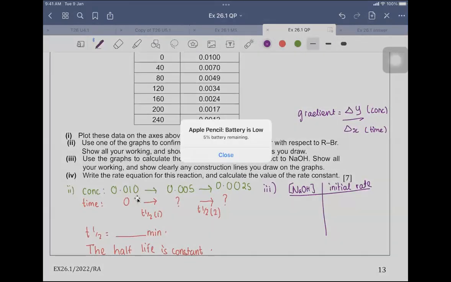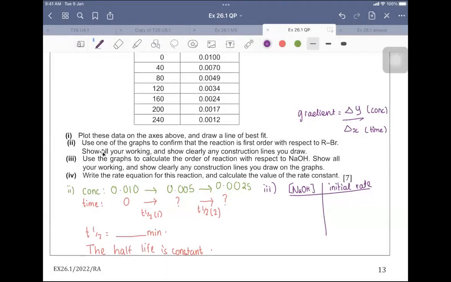They don't have the range of the initial rate.